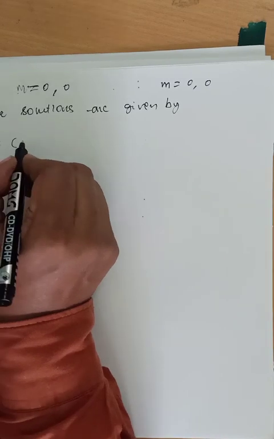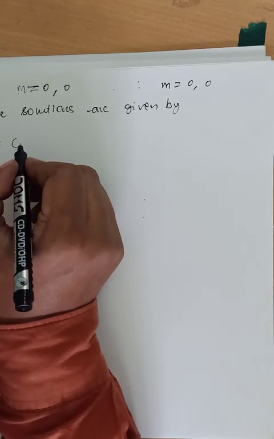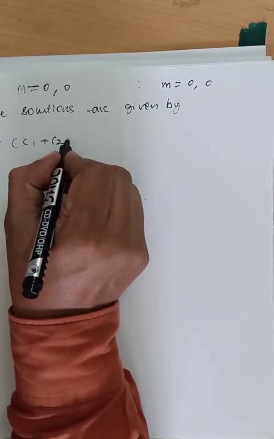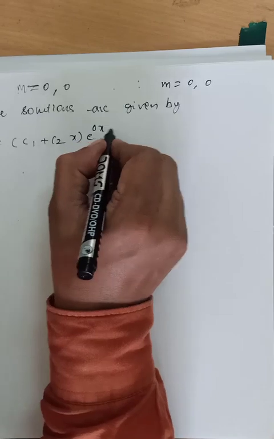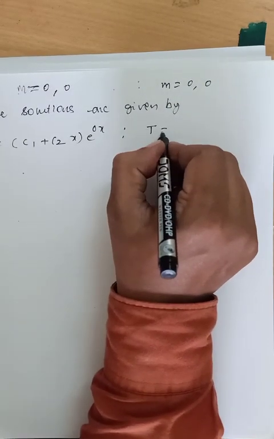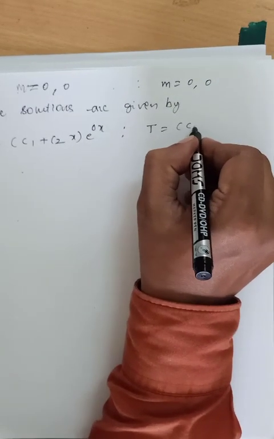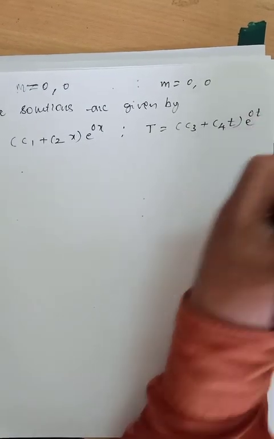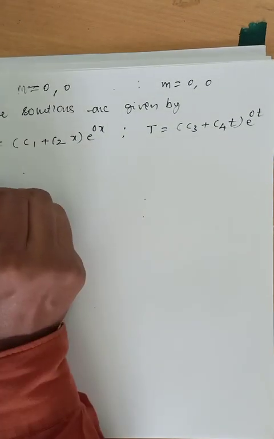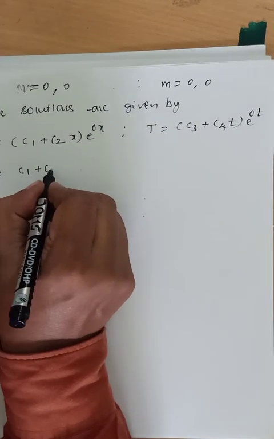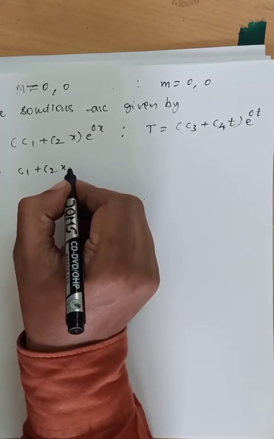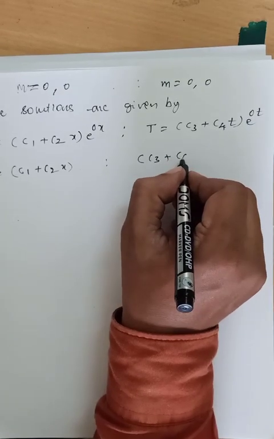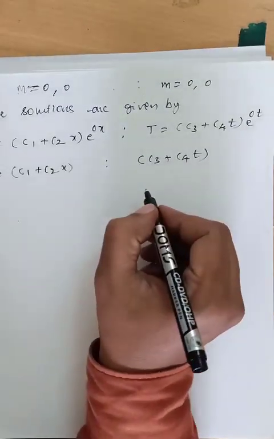x is equal to, you recall how to construct the solution if the roots are real and equal, that is (c1 plus c2 x) into e power 0x. Here t is equal to (c3 plus c4 t) e power 0t. Or x is equal to c1 plus c2 x, since e power 0 is 1, and here c3 plus c4 t into e power 0 is 1.